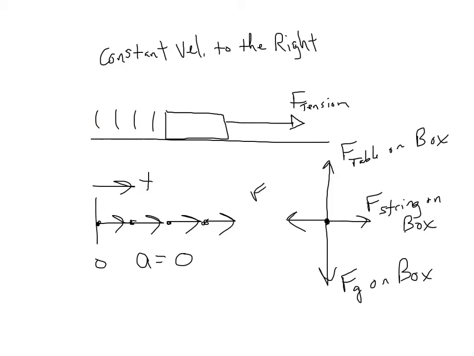So we will say force of friction on box. Now we see that we have balanced forces right and left, we have balanced forces up and down, and we have no acceleration, which is working for us.